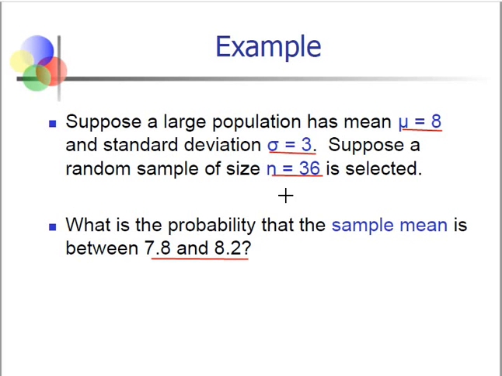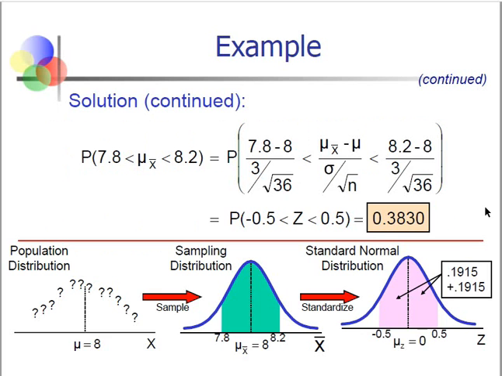Therefore, we can use the central limit theorem. The central limit theorem just tells us that this distribution is actually normal. So the distribution is normal.